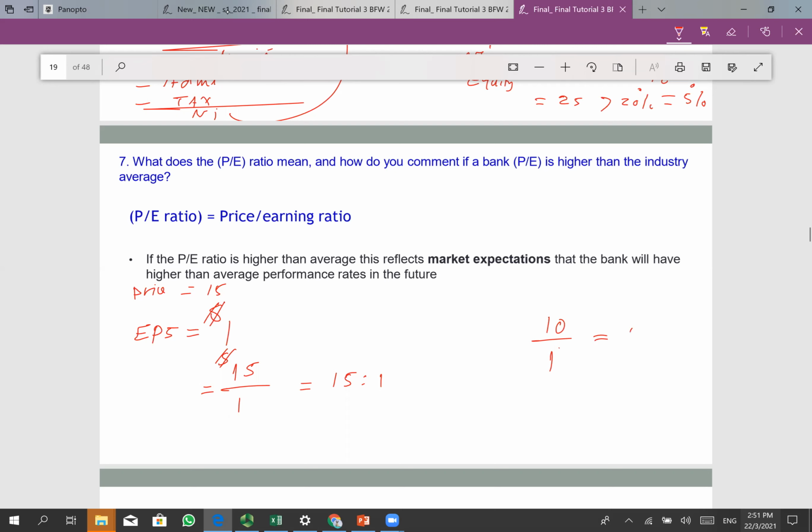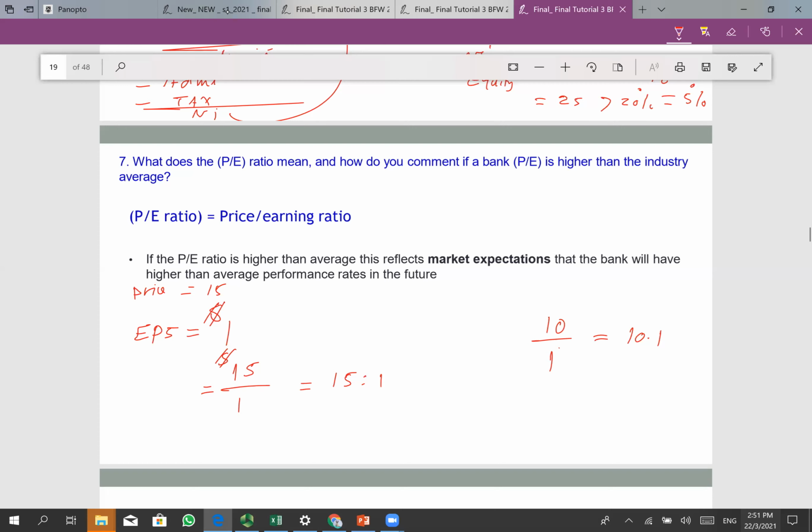So actually it's 10 to 1. While you are working in the same industry, why do you have almost 150% of them? You are operating in the same business, under the same environment, your profits are okay. When you calculate the other ratios, you are very close to the industry. There is no big differences. It's just when you come to the PE ratio, you find a very high jump.